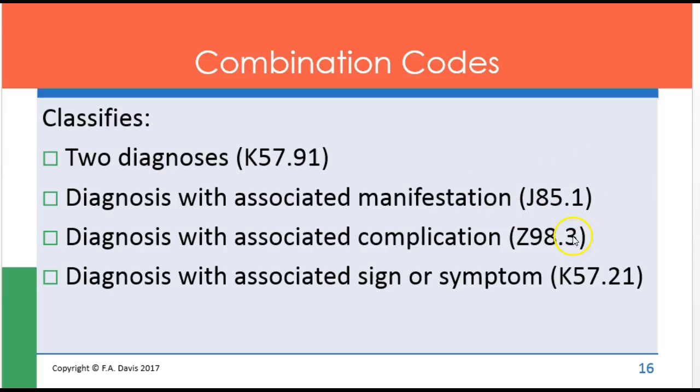So that one code takes care of both of those. And then we could have something where we have a diagnosis with an associated complication. Now, if you're going to use these combination codes, you have to make sure both of these exist or are documented. And then we can have a diagnosis with an associated sign or a symptom.